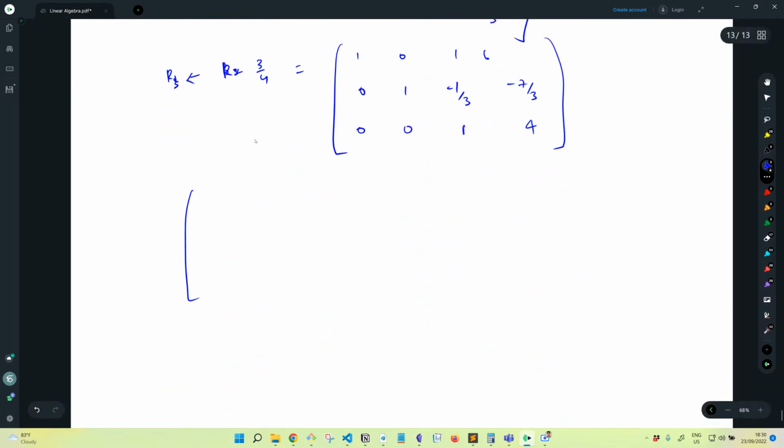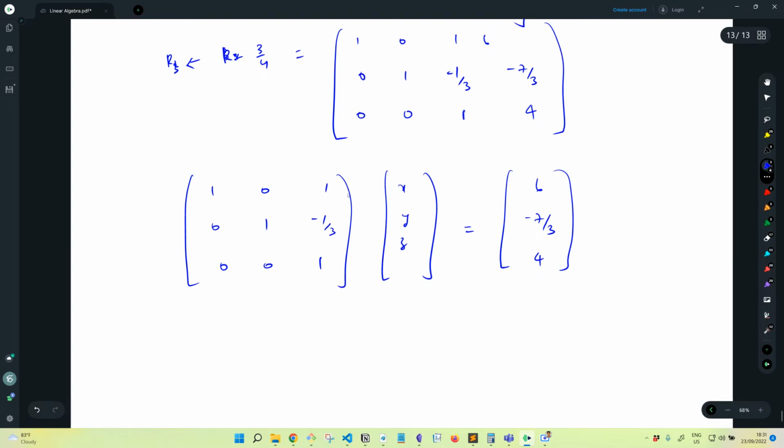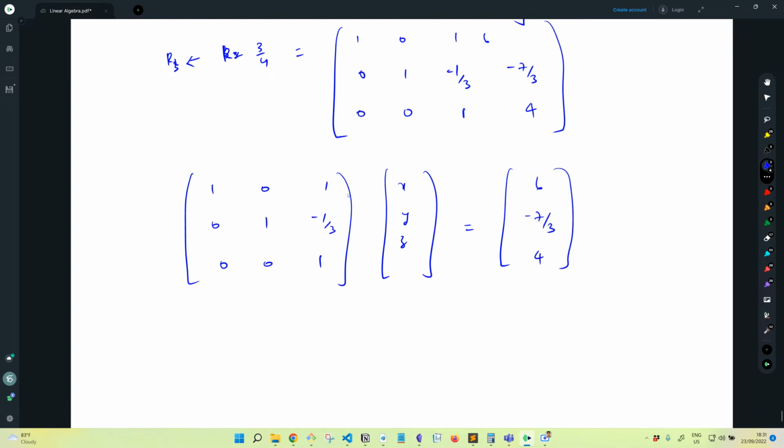Now I'll bifurcate this matrix into Ax equal to B. Then x, y, z equals 6, minus 7 by 3, 4. Hopefully, I have not made any mistakes now. I think from here, if you do back substitution, you will get the answer.